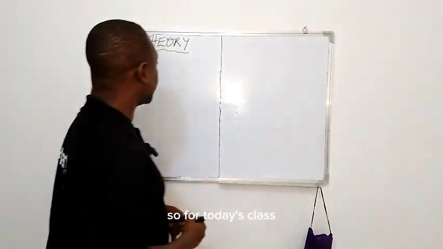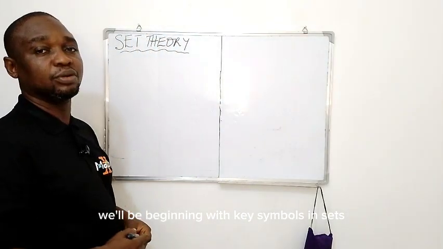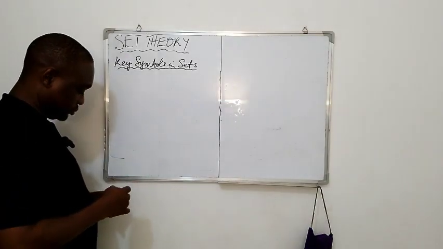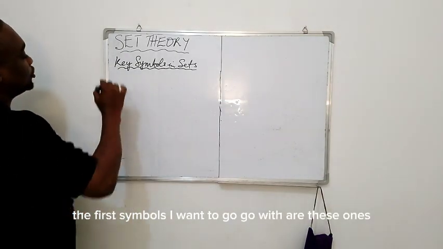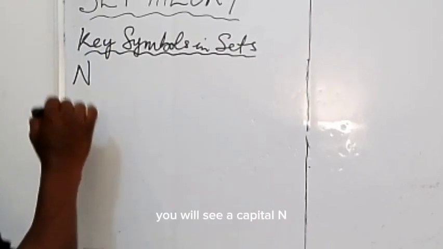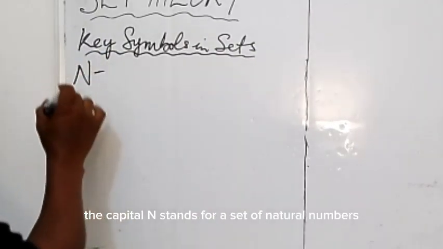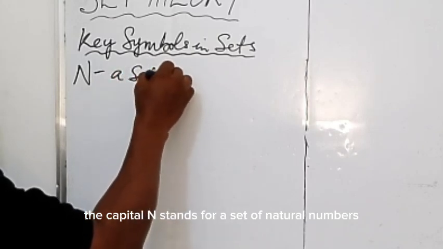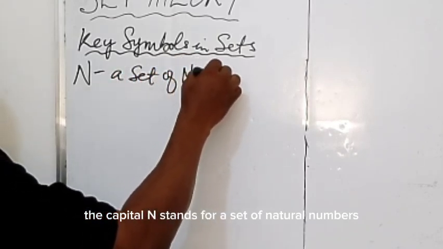So for today's class, we'll be beginning with key symbols in sets. So here we go. The first symbols I want to go with are these ones. You will see a capital N. The capital N stands for a set of natural numbers.